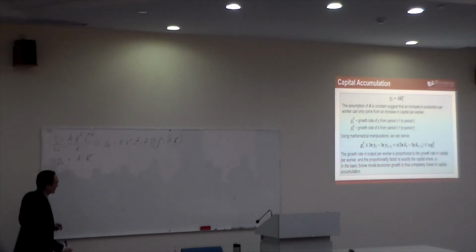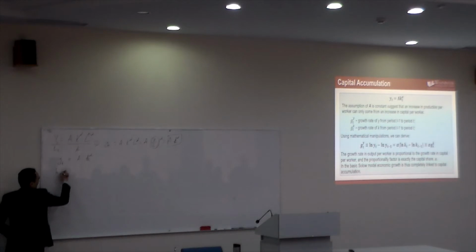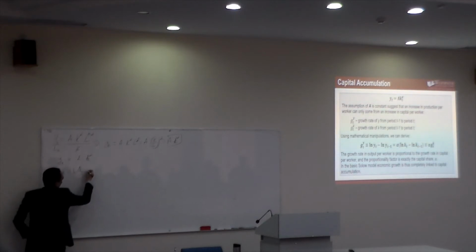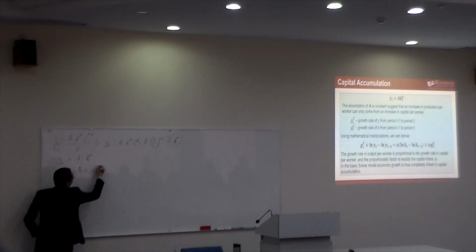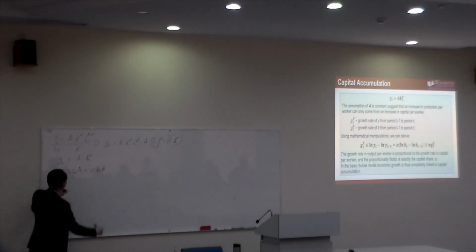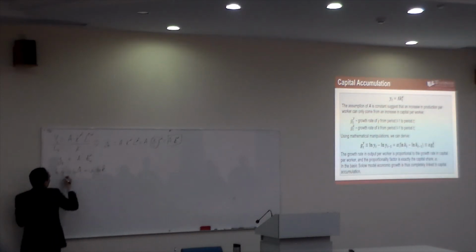So let's check whether it's true. If we take the natural log of this equation on both sides, ln y equals ln A plus alpha ln per capita capital, right? So I'm writing it at time t.